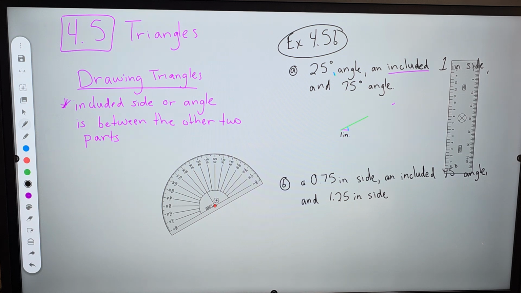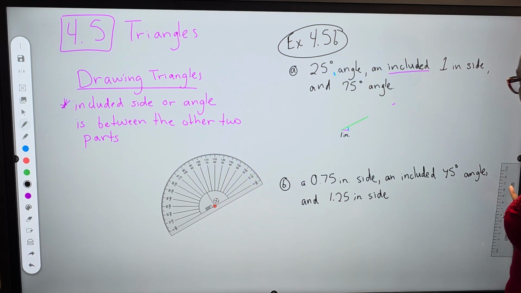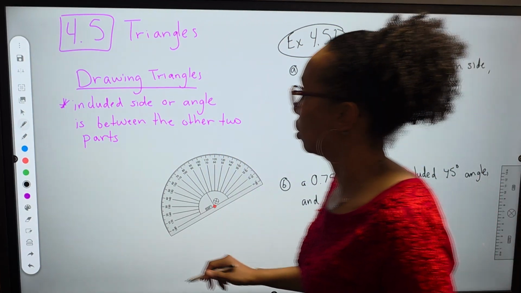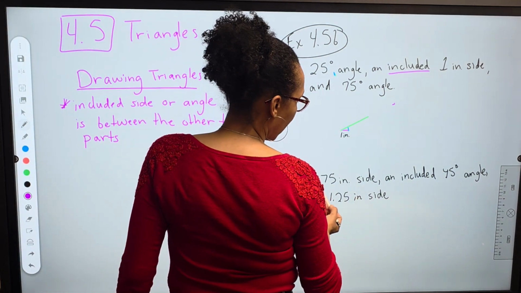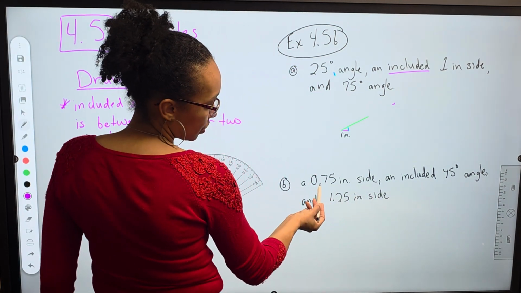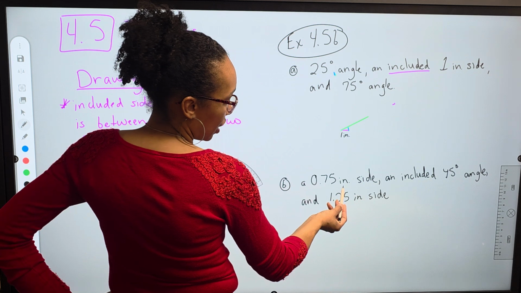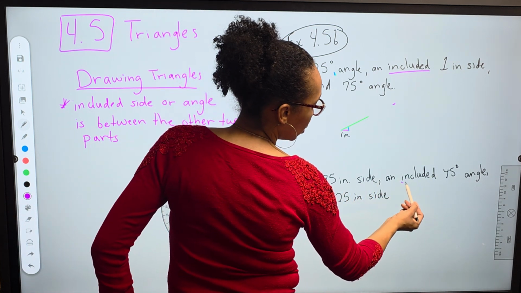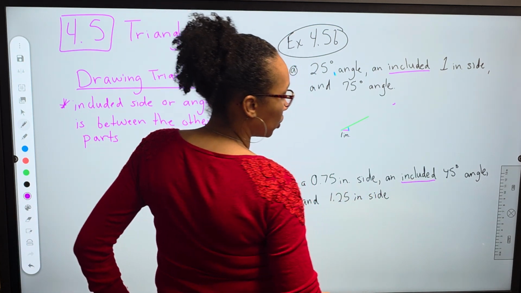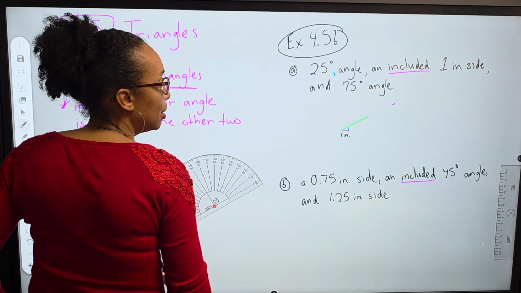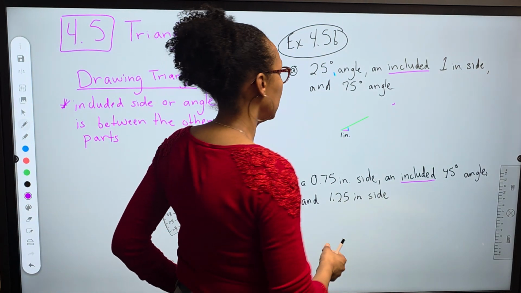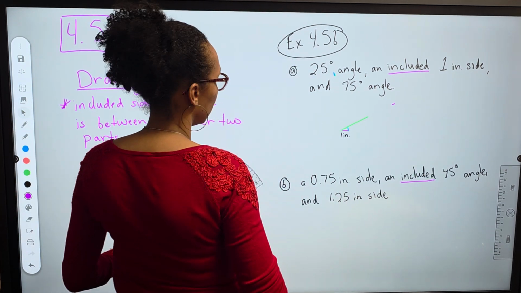All right, example B also shows an included portion. This time what's included, we've got a 0.75 of an inch, an included 45 degree angle, and a 1.25 inch side. Now again, it's gonna be hard to see on my screen, but we'll do the best we can here.